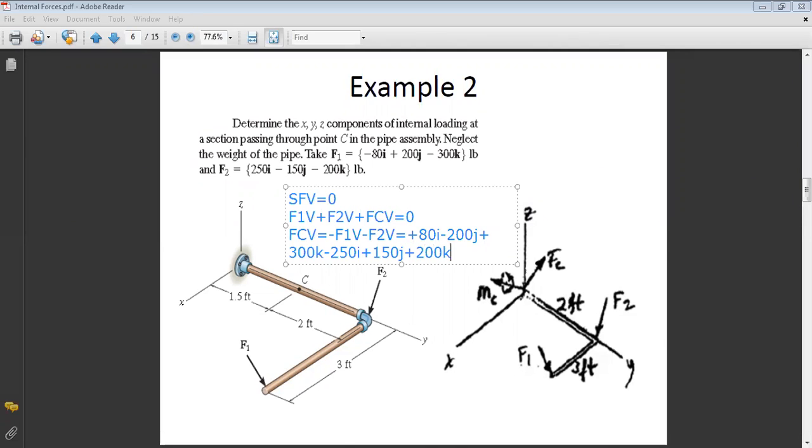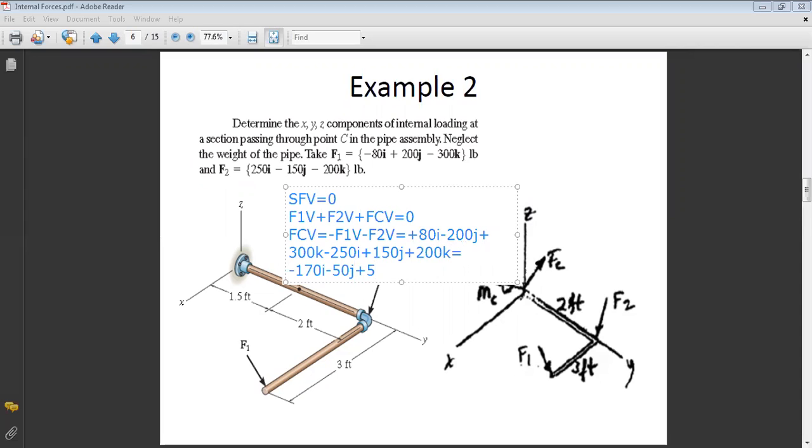Okay, so now this is equal to, along i, 80 minus 250, so it is minus 170i, and along j I have minus 50j, and along k it is plus 500k.